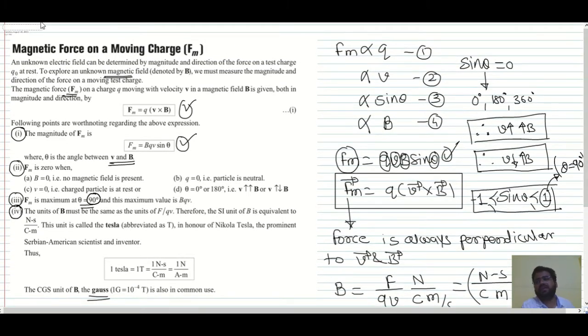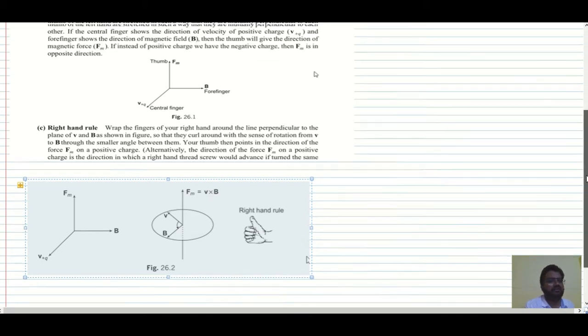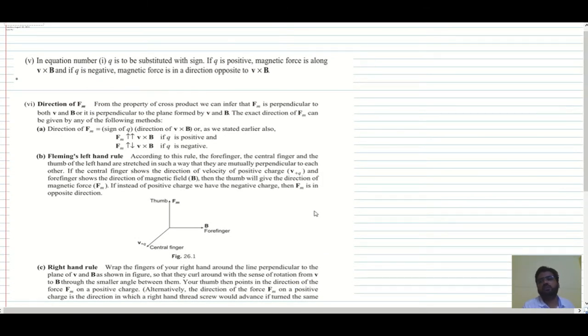Now the next part we have, and in this, the fifth point, in equation 1, Q is substituted with sign. Yes, so why do we have to substitute Q with sign? Because it is QVB sin theta, isn't it? So force, if Q is positive, then force will be in the same direction as that of V bar cross B bar, the V bar cross B bar direction.